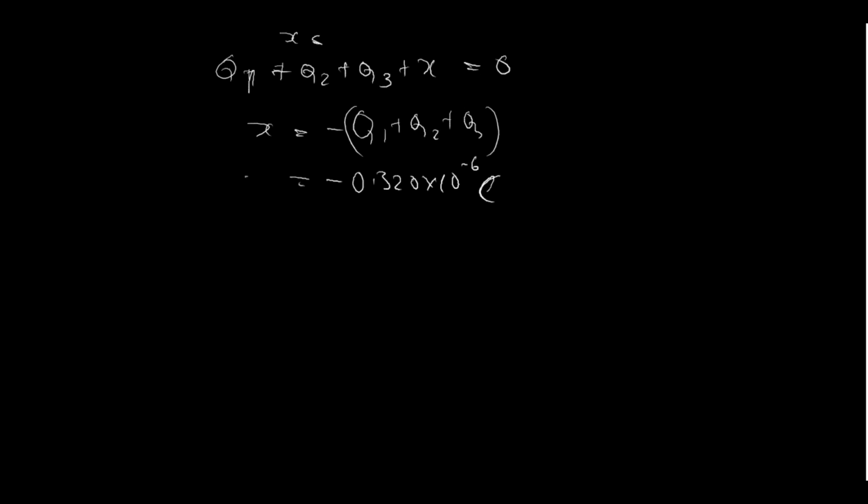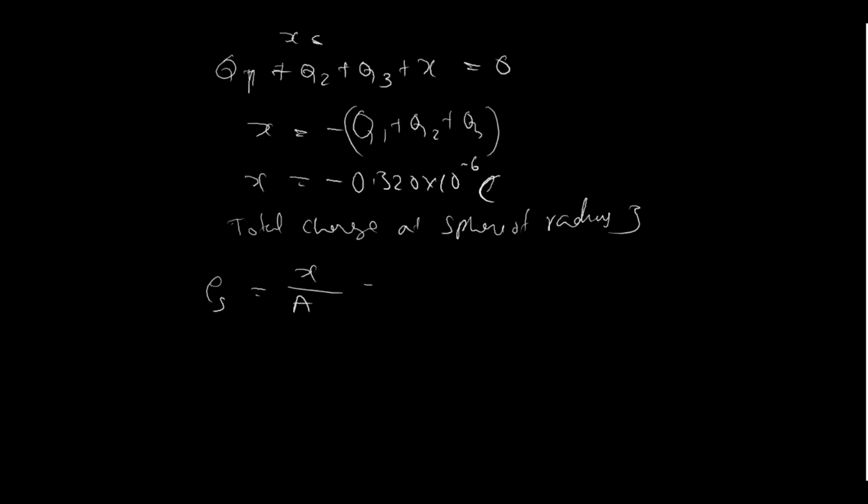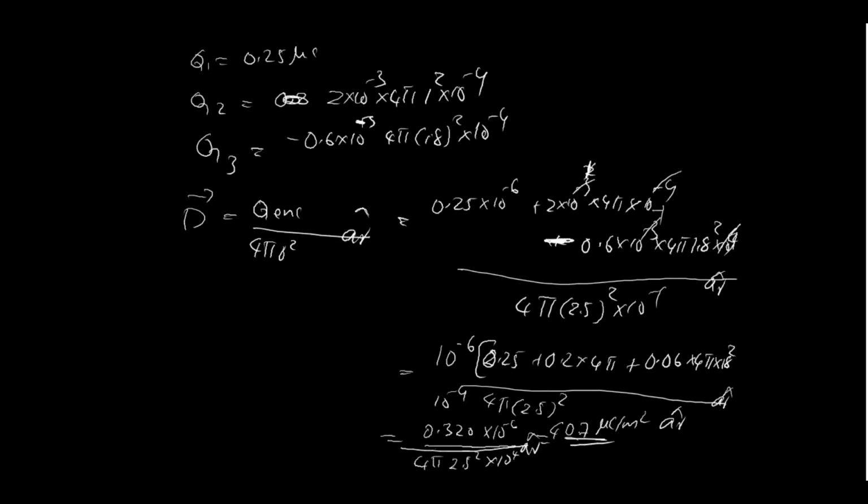Now this x is the total charge at the sphere of radius 3. So what is surface charge density? Rho s will be x by area. So that will be minus 0.320 into 10 raised to minus 6 divided by 4 pi into 10 to the power, the radius is what?